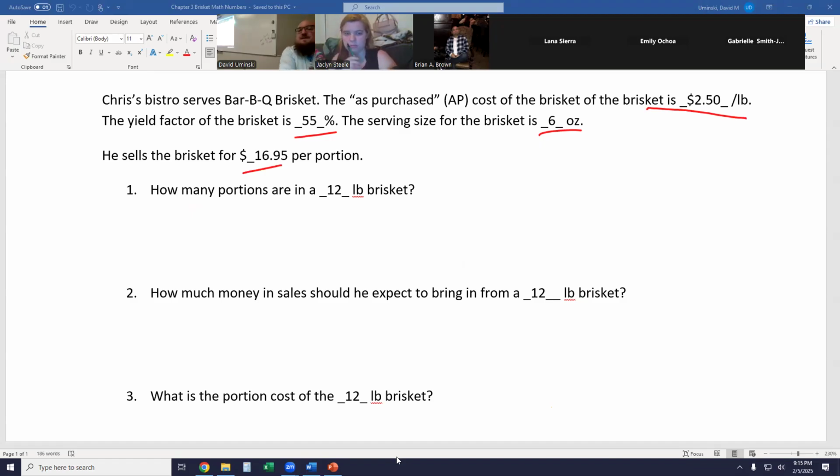The first question is, how many portions are in a 12-pound brisket? So we want to take the brisket weight. And again, I want you to write this exactly like I have it up on the board. You're going to take your brisket weight and multiply it by the yield percentage.